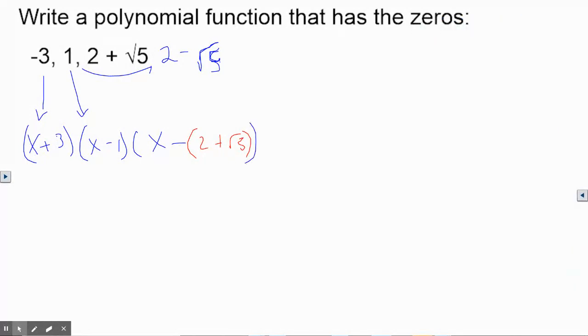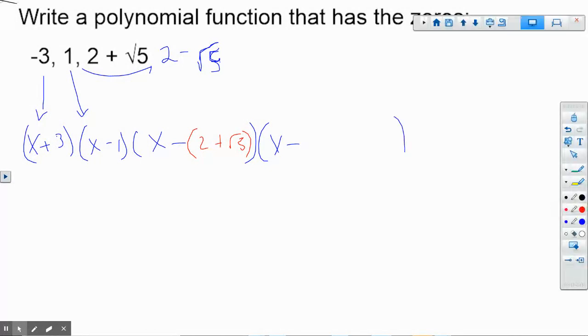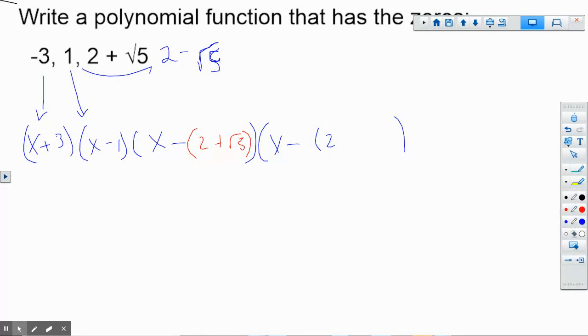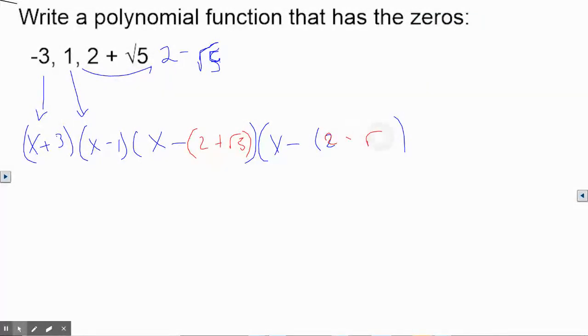And think about it, I did x minus a negative 3. That's how I got x plus 3. x minus 1, x minus that thing. And I have to do x minus the other thing, 2 minus the square root of 5.